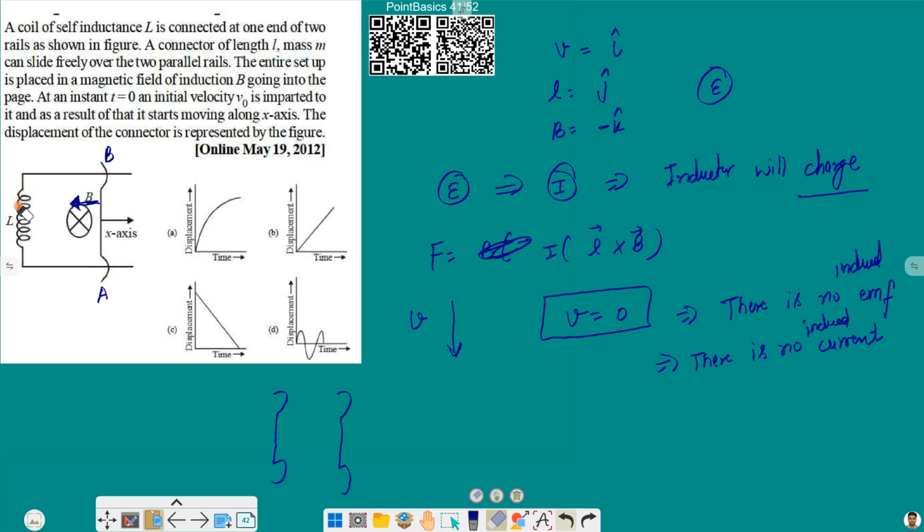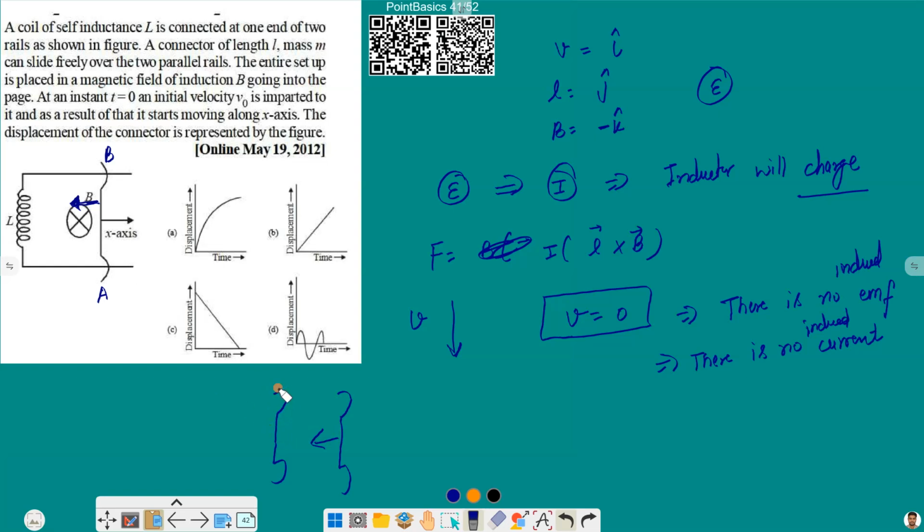When this inductor starts discharging, there is again an opposite current flowing in the circuit. Previously this conductor was moving in the positive x direction. Now it will start moving in the negative x direction, and it will come back to its original position.